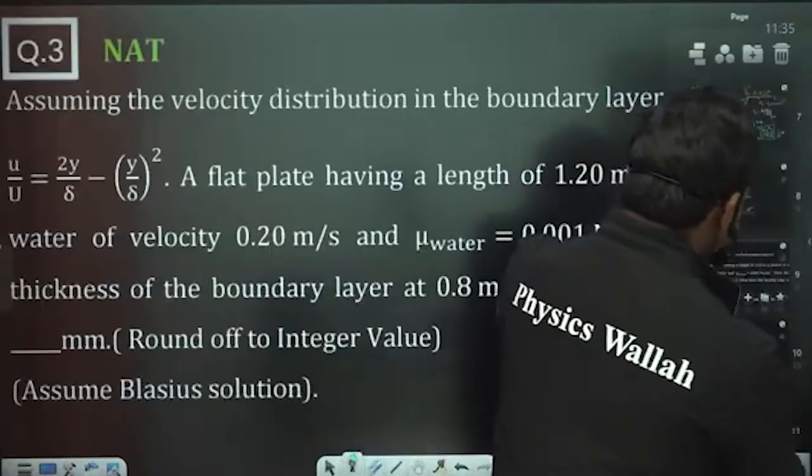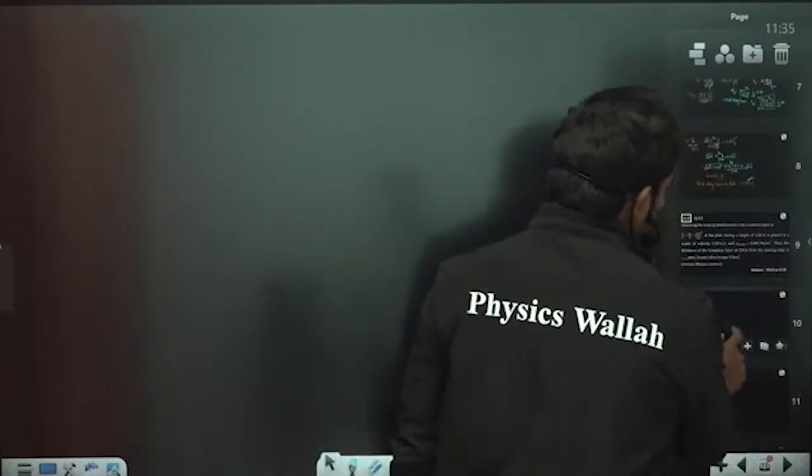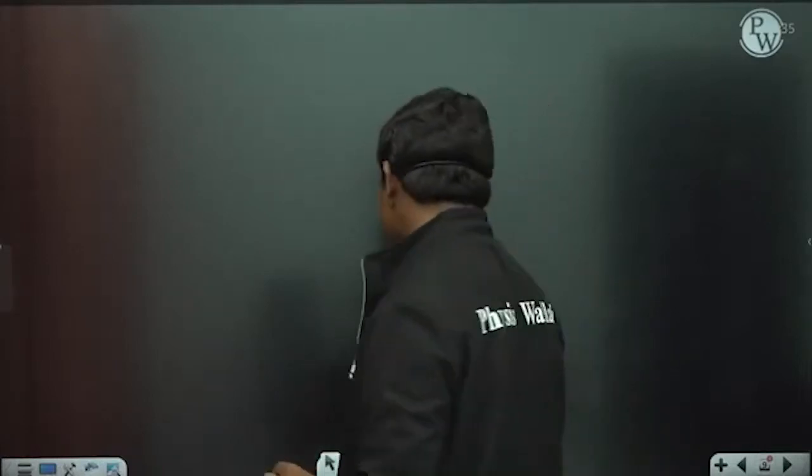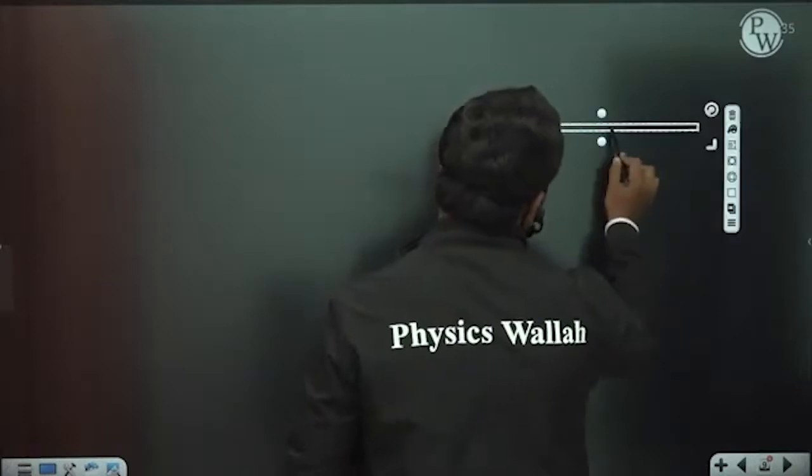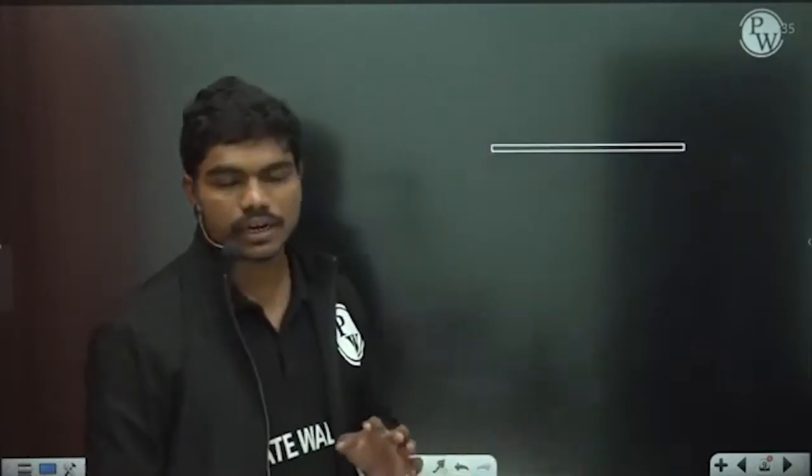So see here, we'll take one empty slide first. Normally, what happens? I'll explain some boundary layer concepts within some 5-10 minutes. Let us suppose you have a plate, for example. Guys, listen carefully, this is a very important understanding.